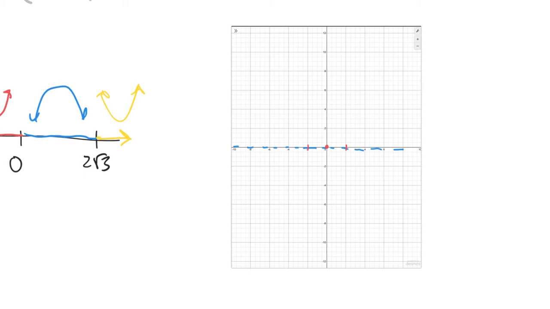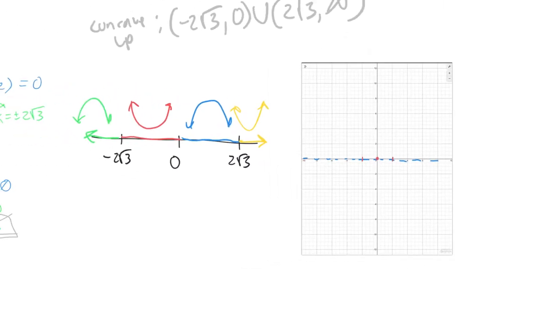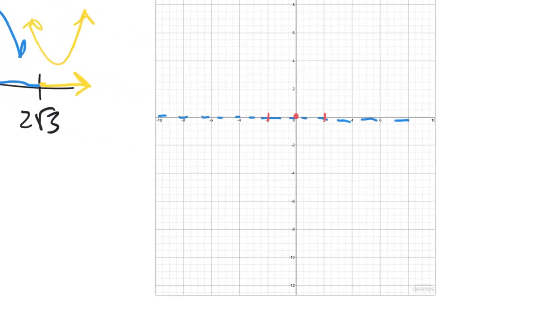But we also know about the fact that it's concave down here, concave up here, and so on. So let's see. Therefore, there's some action happening with -2 radical 3, and +2 radical 3, also 0. So we already sort of have 0 marked out. We know it passes through there. -2 radical 3 might be around here. +2 radical 3 might be around here.